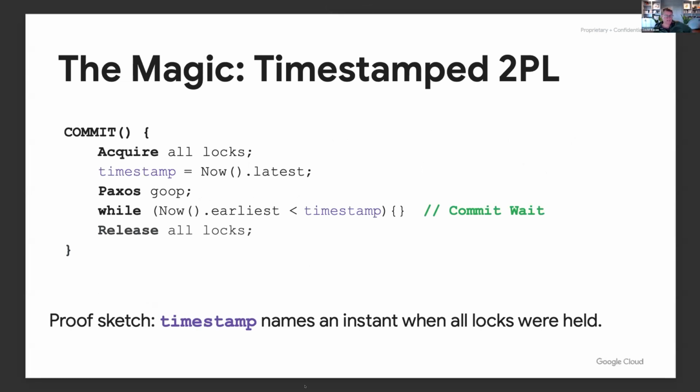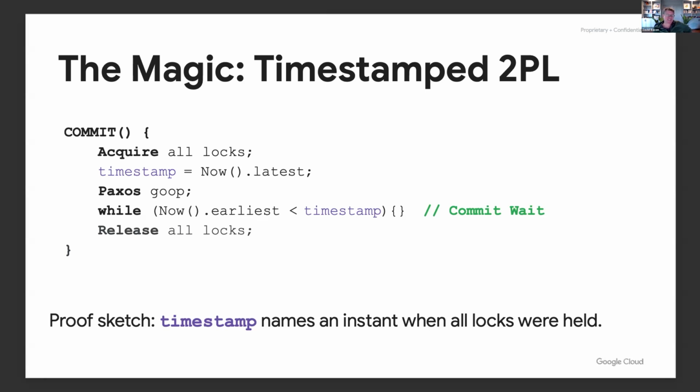So Peter has this description of Spanner, in which TrueTime is 40% of Spanner.